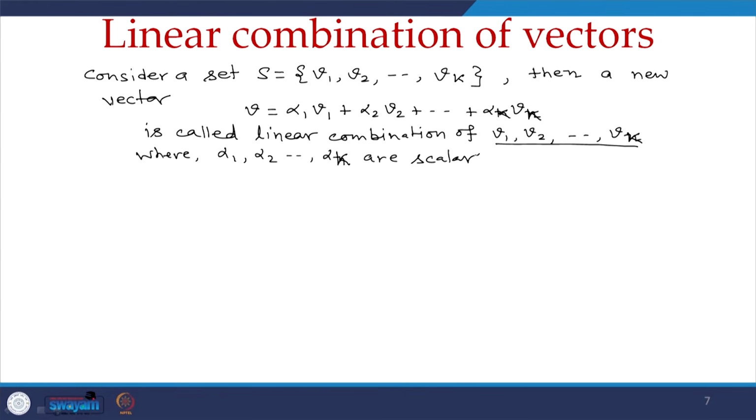So, they are coming from the field on which the vector space is defined, we will learn very soon. Okay, they are scalars. So, we can assume that these are real numbers at this moment.